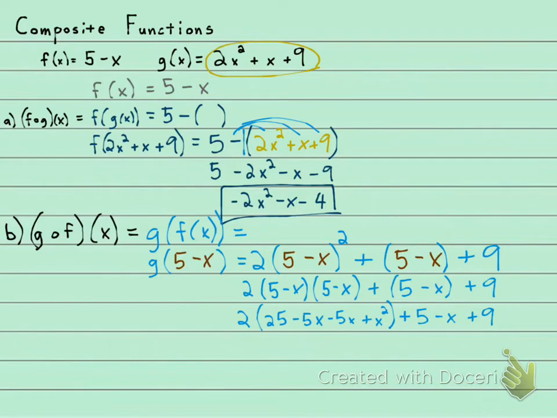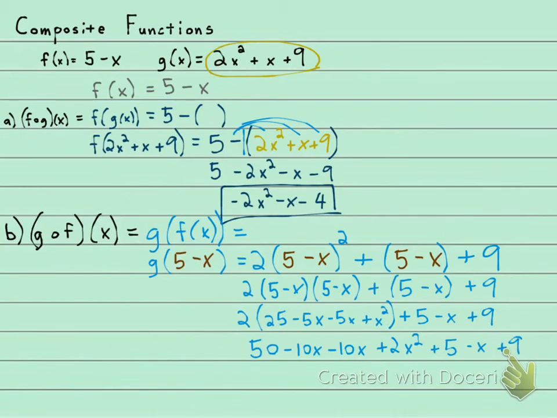So 2 times 25 is 50. 2 times negative 5x is minus 10x. 2 times negative 5x is minus 10x. 2 times x squared is 2x squared. Drop down these remaining terms: plus 5 minus x plus 9. Whew. All right, everything's out of the parentheses.